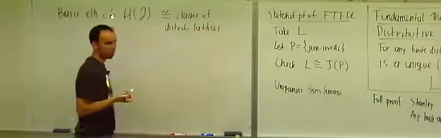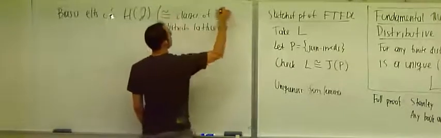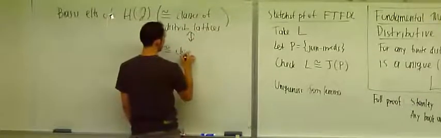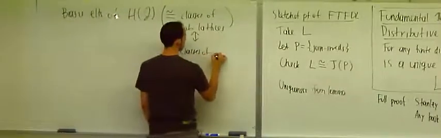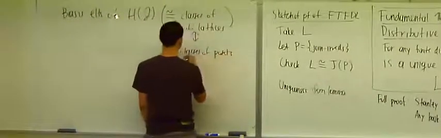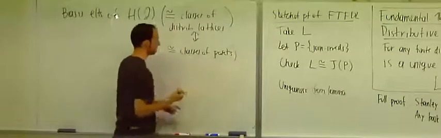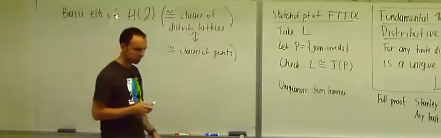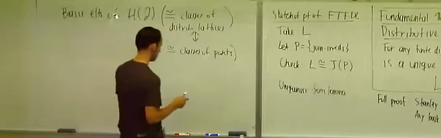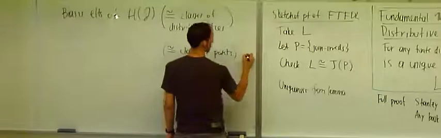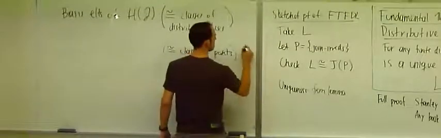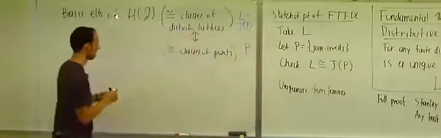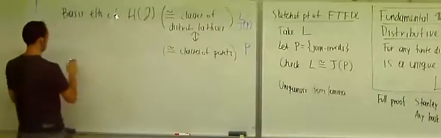Okay, but these things are in bijection with isomorphism classes of posets. Right? The bijection being take P and send it to J of P. Okay. So this is P, this is L equals J of P. Okay. What is the product?